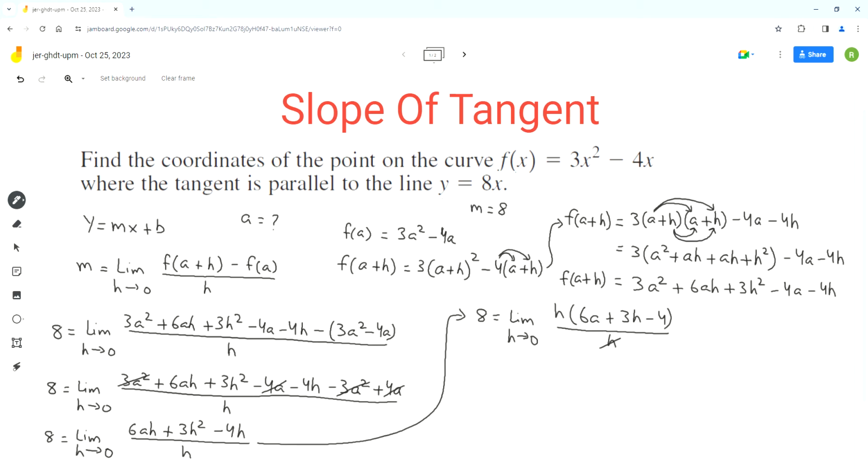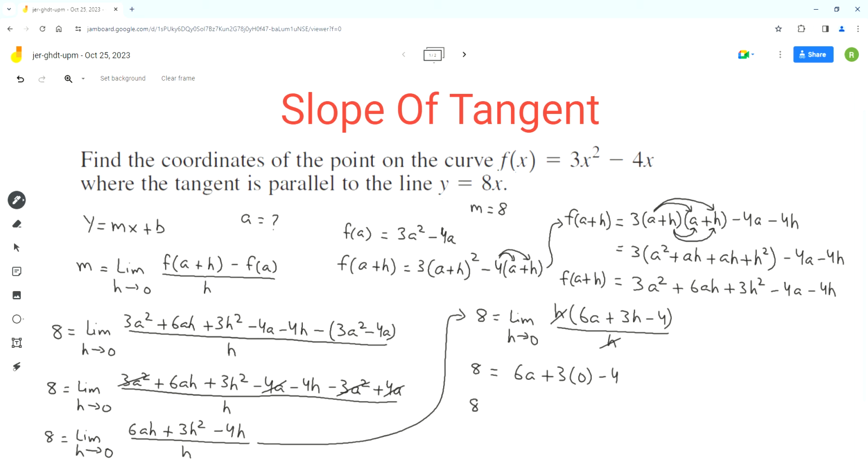Now we can cancel out these h's and we can apply the limit. So we sub in h as 0. We get 6a plus 3 times 0 minus 4. This is the equation we have to solve to find the value of a. We know 3 times 0 is 0.